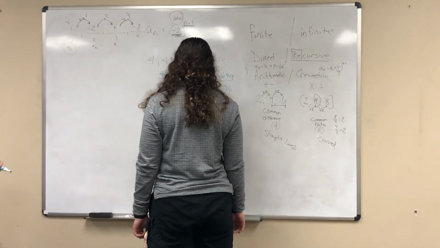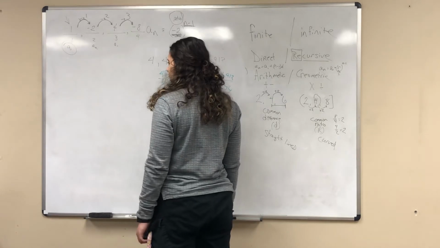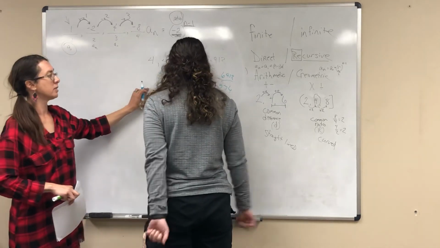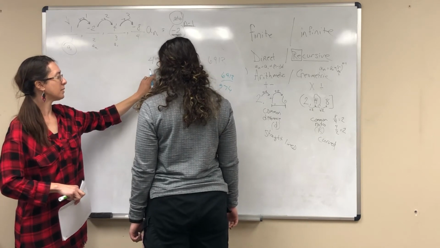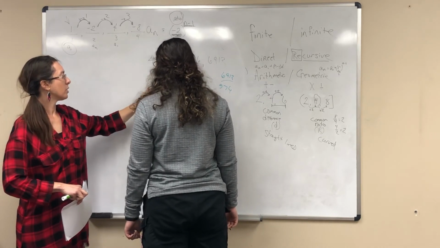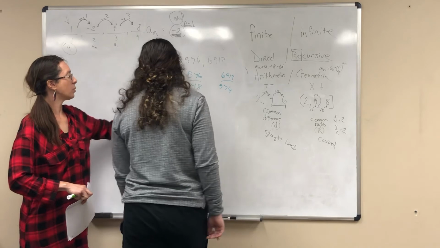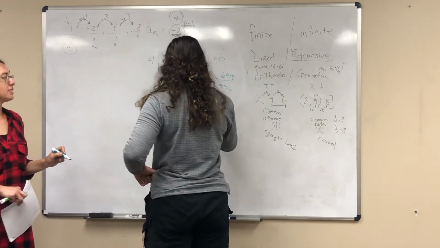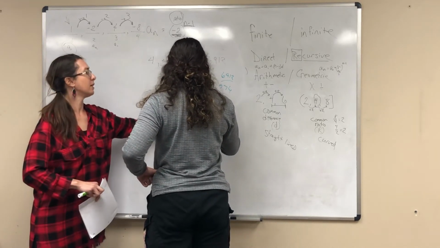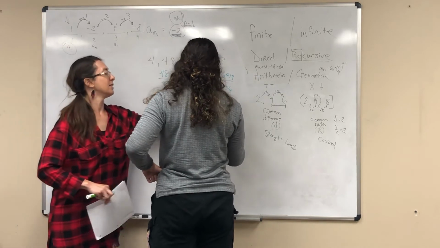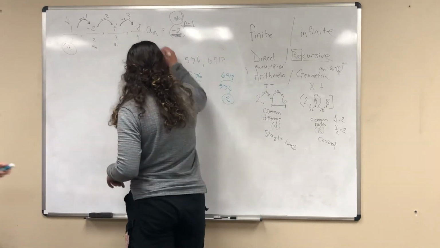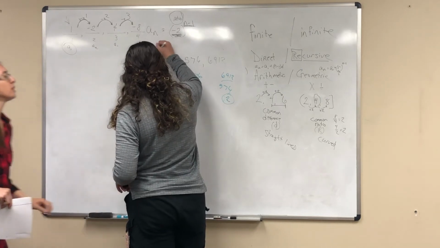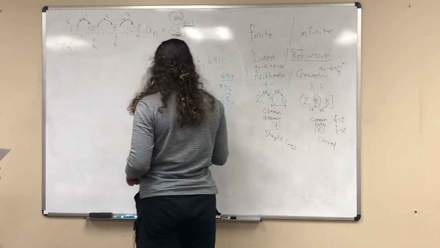Is that the same? 48 divided by 4 is 12. 576 divided by 48 also happens to be 12. So do we have a common ratio? Yes, so your jumps are times 12. Perfect.